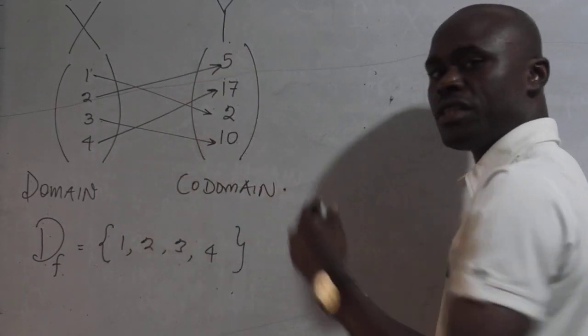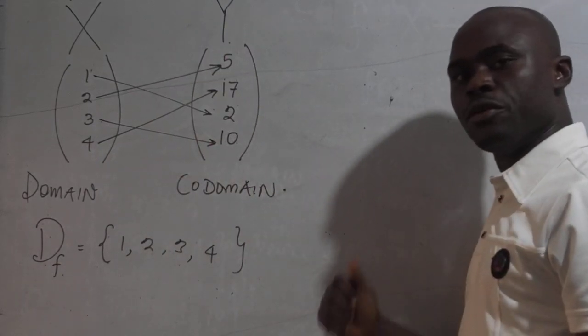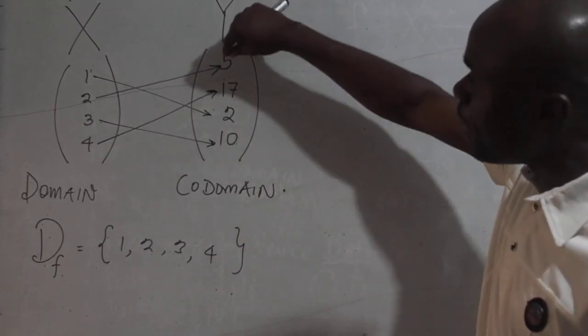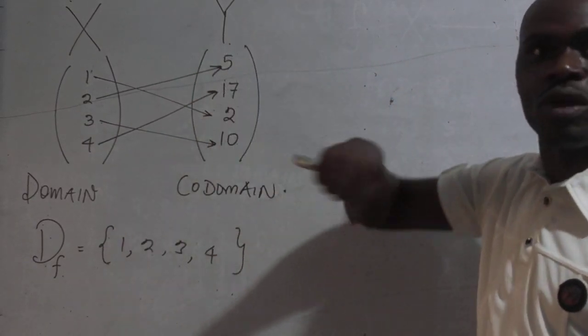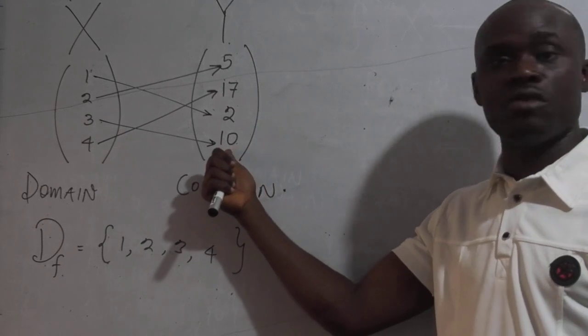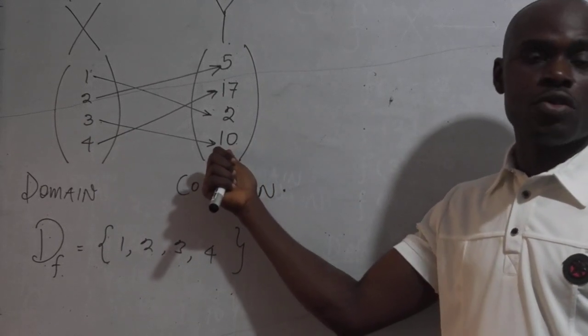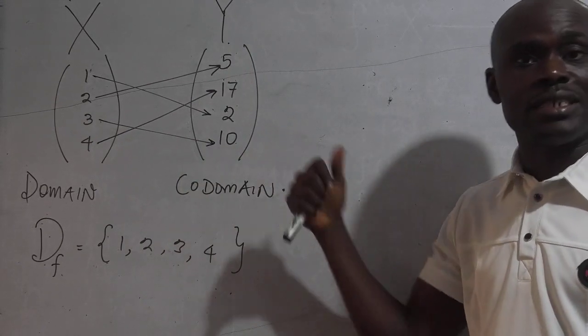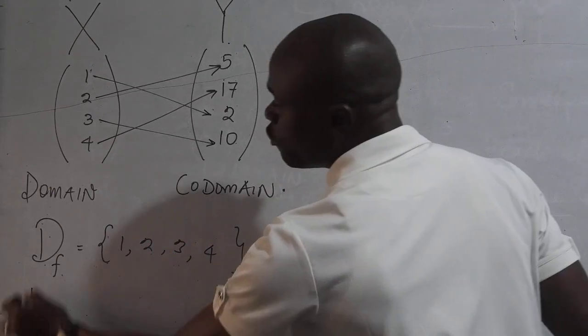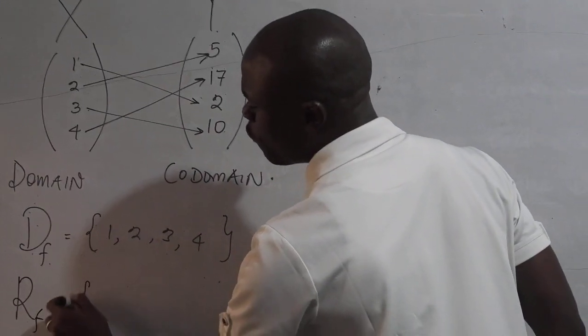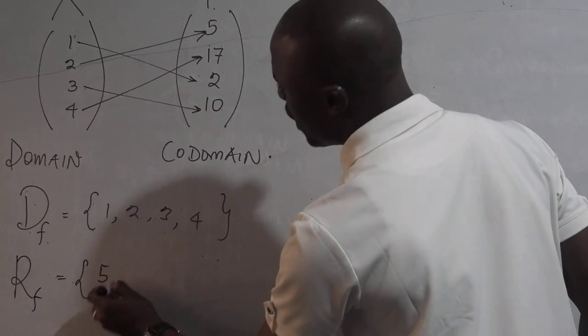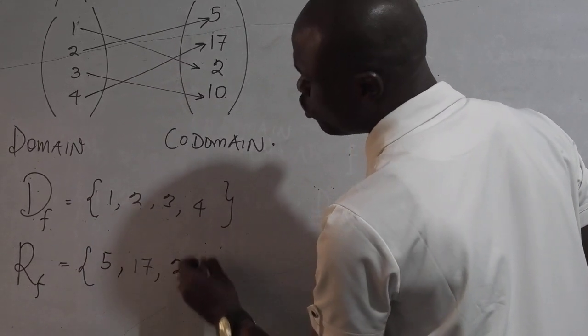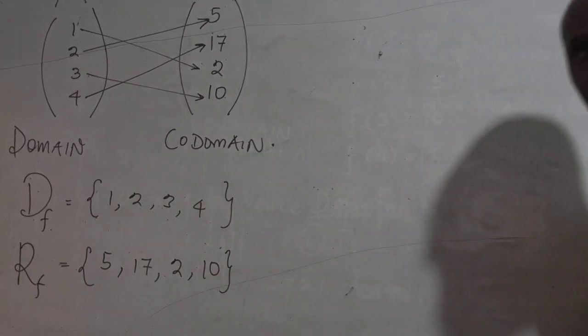And the set of these images forms what we call the range. Take note, the elements that are being mapped are referred to as images. If we have any element here that is not mapped to, we can't call it an image. So the set of images forms the range of the function, which is 5, 17, 2, and 10.